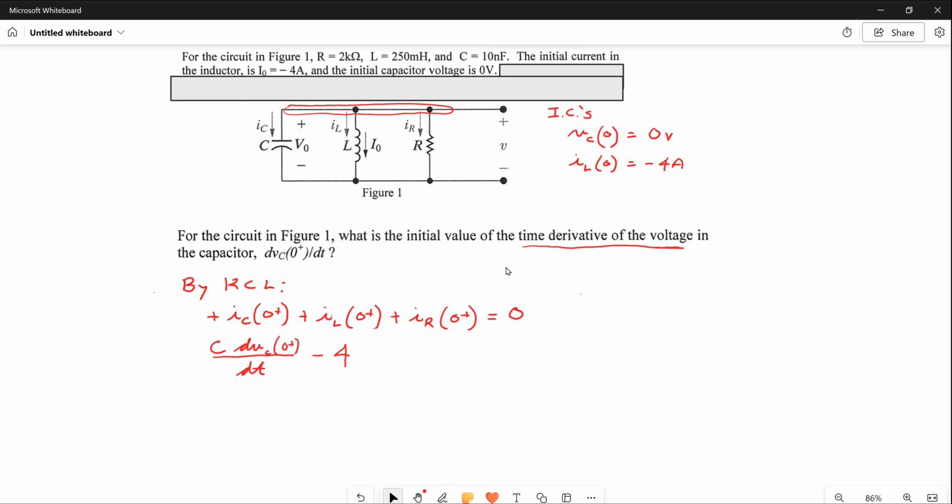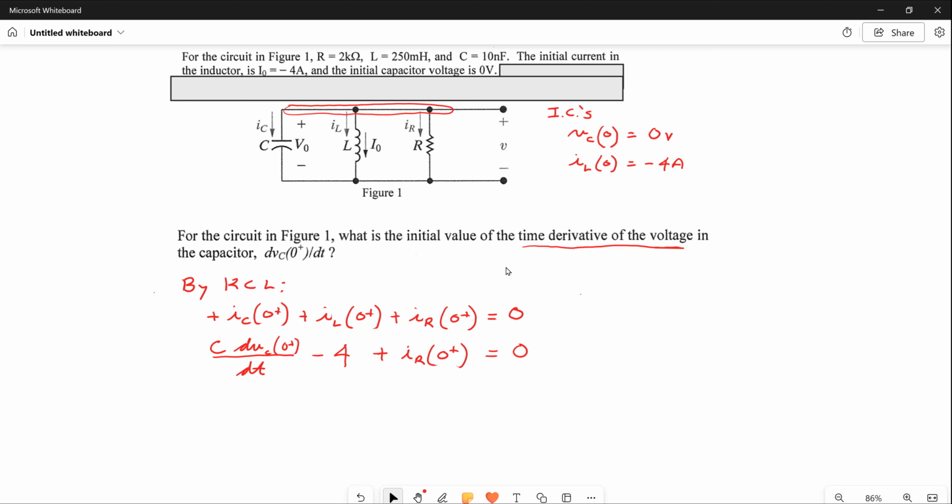And what's the current in the resistor? Well, that's a plus IR at 0 plus, which we just bring down, and that's equal to 0.